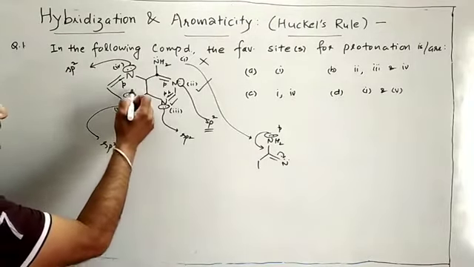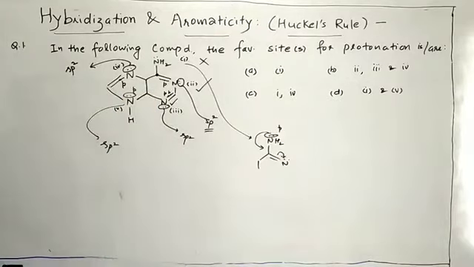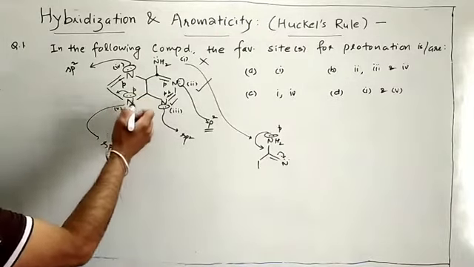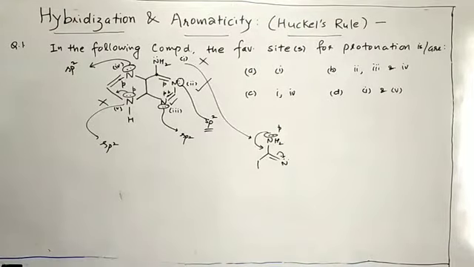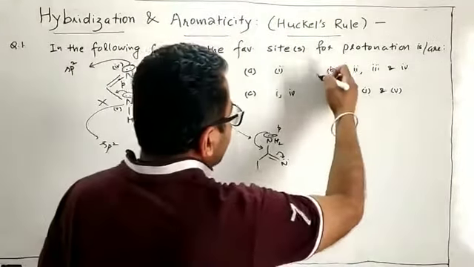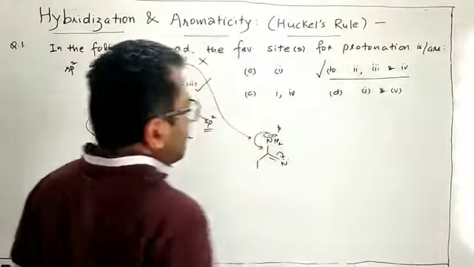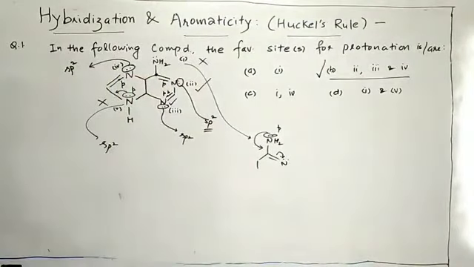So this pair of electrons is present in a p orbital. It means it gets involved in resonance, so it will not donate electrons for protonation. So in this molecule, nitrogens number 2, 3 and 4 can easily donate electrons for protonation. So your option B is the correct answer.